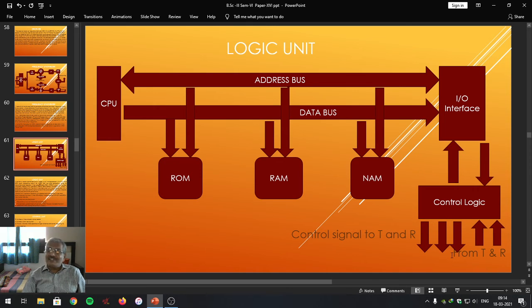Two types of signals are there. One is the control signal for working of the transmitter and receiver. Another one is the voice signal we expect to be communicated, either transmitted from the transmitter or received from the receiver. So that signal is represented here, and control signals are represented here. Maybe these are the timing signals.